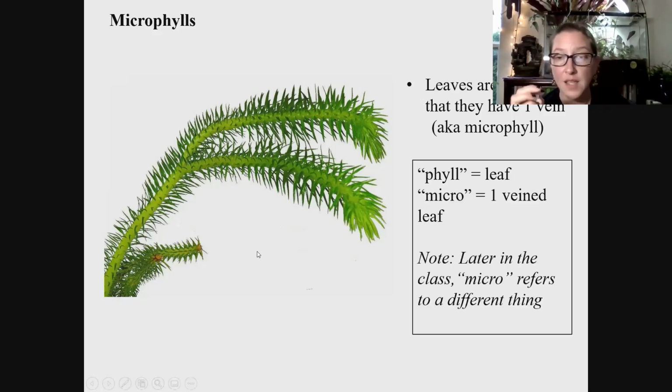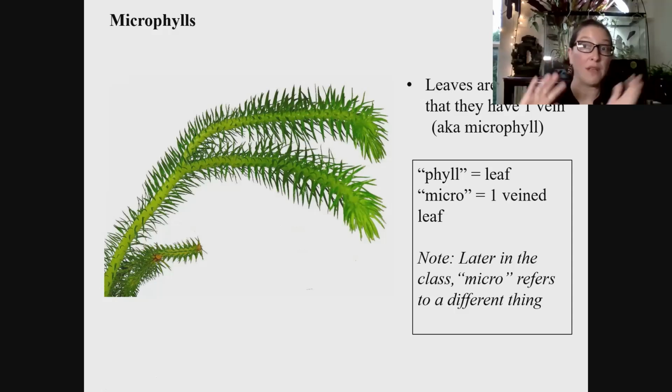I will say, microphyll is a one-vein leaf, right? Phyll always means a leaf, by the way, when you see other things ending in phyll. And micro in this case means a one-veined leaf. But I want to point out that later in this class and going forward, micro is going to refer to a different thing.